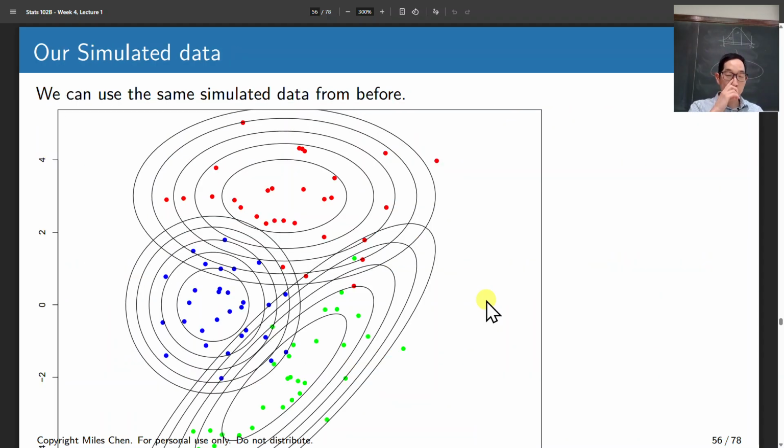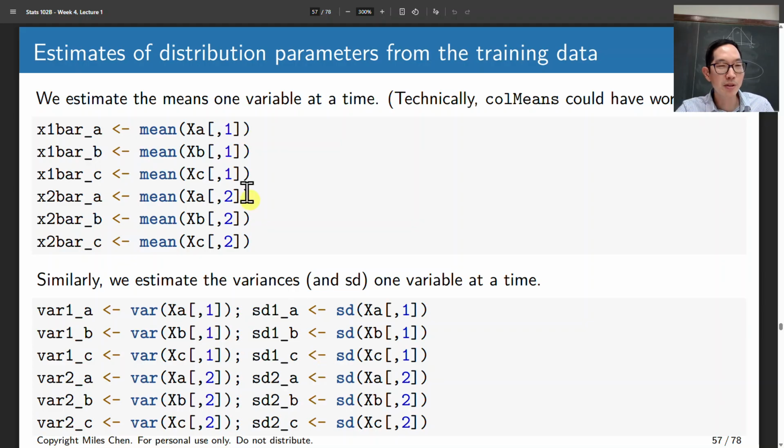Okay, so here's our simulated data from before, and what we're going to do is just treat everything as univariate. So we're going to take x1 and separate it from x2. I'm going to just take the mean of column 1 and the mean of column 2.